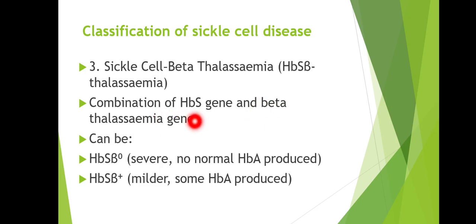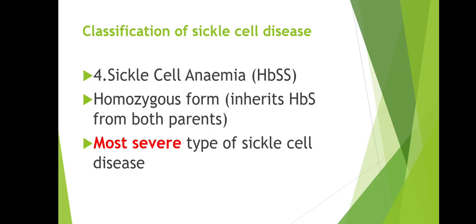This can either be HbS beta zero, which is severe, with no normal HbA produced, or HbS beta plus, which is milder, and some normal HbA can be produced.